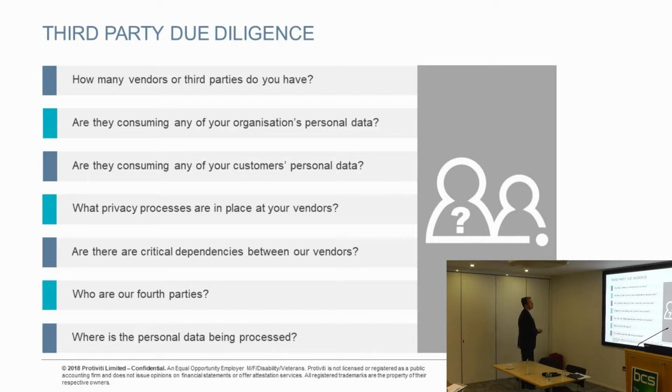So third-party due diligence. So what are we supposed to be thinking about? These are many of the questions that, if your organisation already has third-party due diligence, they will be asking already. I guess the tweaking here is that to date, where organisations have third-party risk, they're potentially thinking about financial risk. They're probably thinking about information security risk.